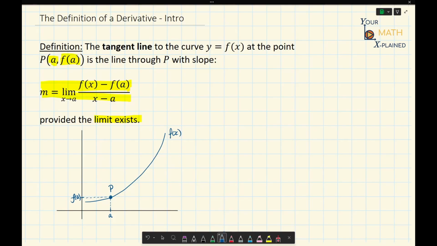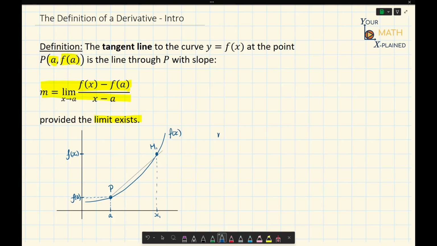Now let's say we have another point here, which we're going to call M sub 1. So that is going to have an x value of, let's call it x sub 1, and it's going to have a y value of f of x sub 1. So if we were to connect those 2 points, we would get a secant line like this.